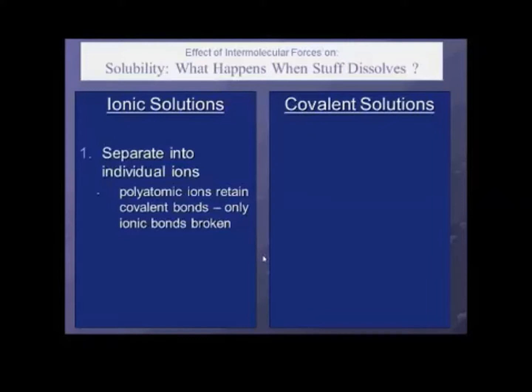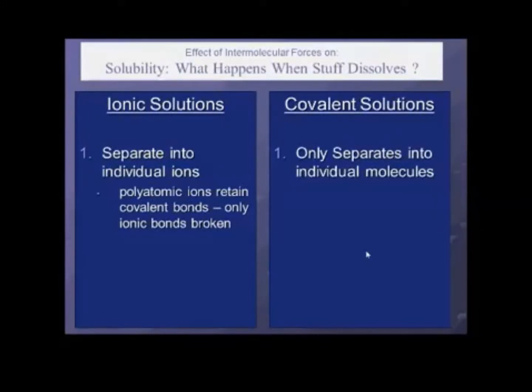You have nitrogen atoms and oxygen atoms covalently bonded to each other. When you dissolve something like potassium nitrate, the potassium separates from the nitrate, but the nitrogen and oxygen are still covalently bonded together. Those do not break. However, the ionic bond between the potassium and the nitrate does.